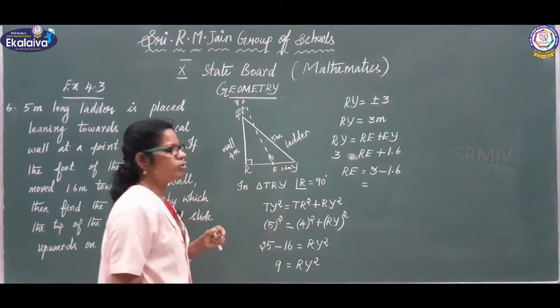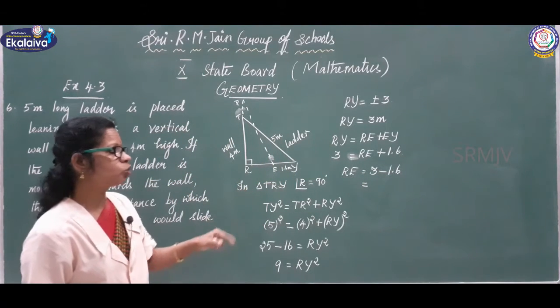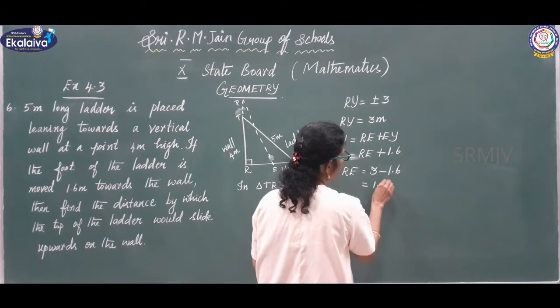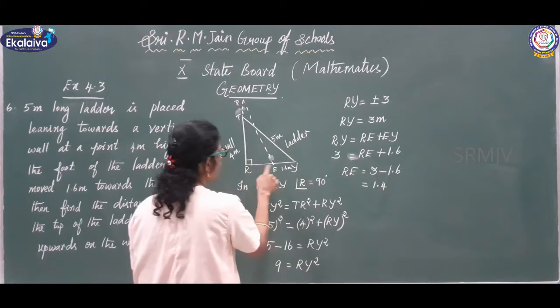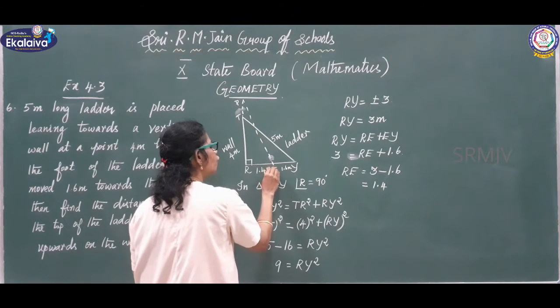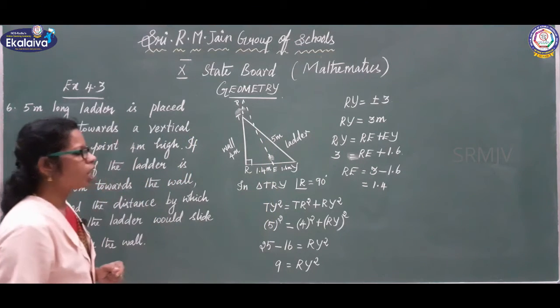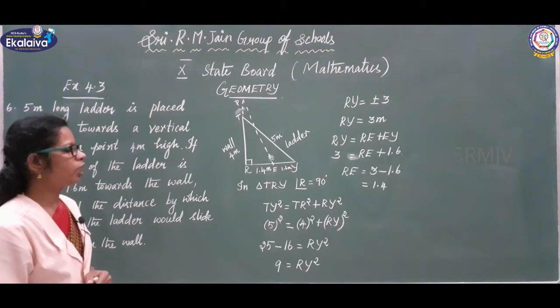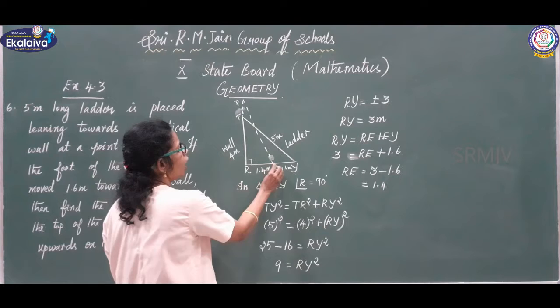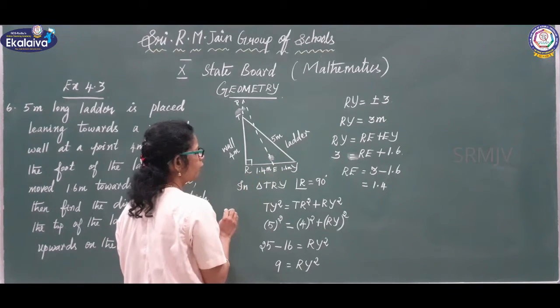What is the value? It becomes 1.4. RE equals 1.4 meter. Right? RE equals 1.4 meter.